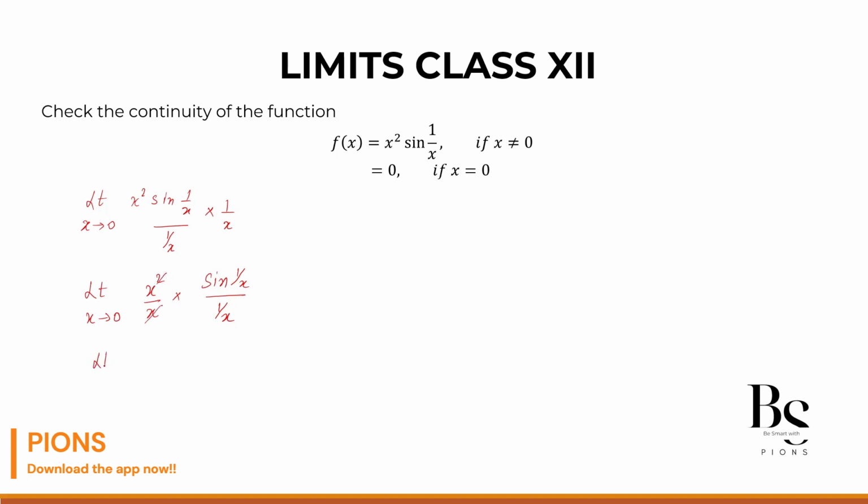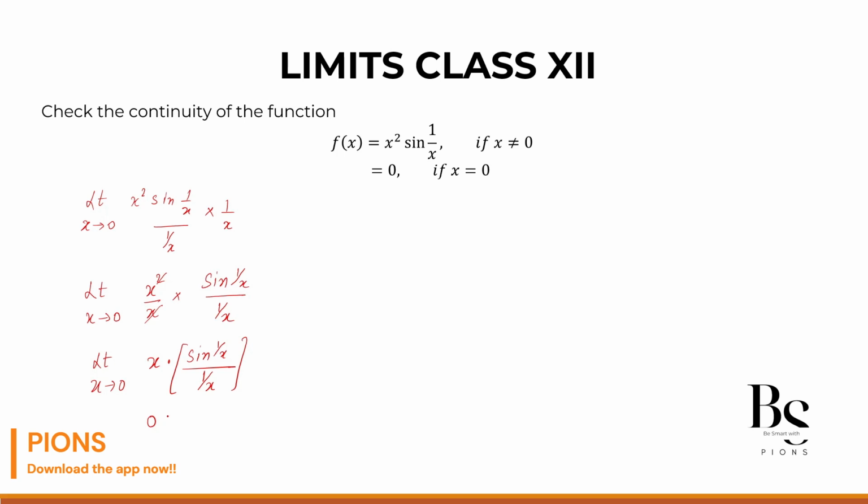X cancels with this x. Now you're left with limit x tending to 0, x into sine 1 by x upon 1 by x. You have to write limit x tending to 0 in every step till you substitute. So when you are substituting, sine 1 by x upon 1 by x is 1. And 1 into this becomes 0. So answer here is 0.